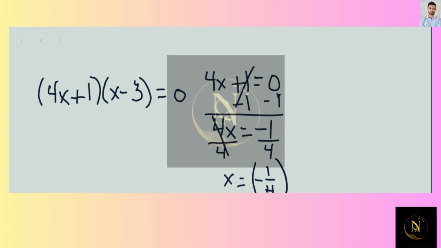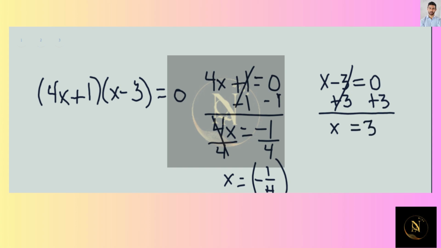And then we will set the second factor, x minus 3, equal to 0 as well, and do the inverse operations. The inverse of subtracting 3 is adding 3, and we are left with our solution, x equals 3.